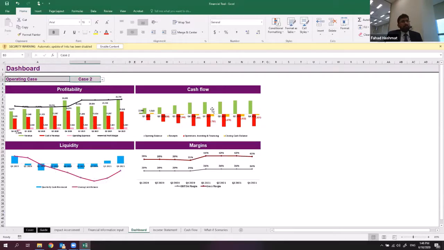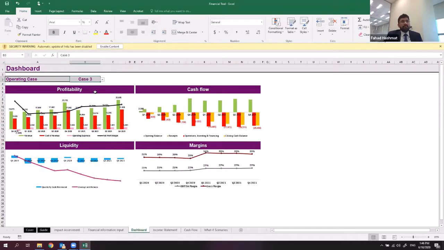This is what this model is telling us, that we have to have some sources of funds available in this time, either through extra financing through debt or equity injection, or by taking some extra measures such as reduction in cost, or other aspects that will actually help you gain some sort of liquidity. Case three, well, it's a worst case scenario.